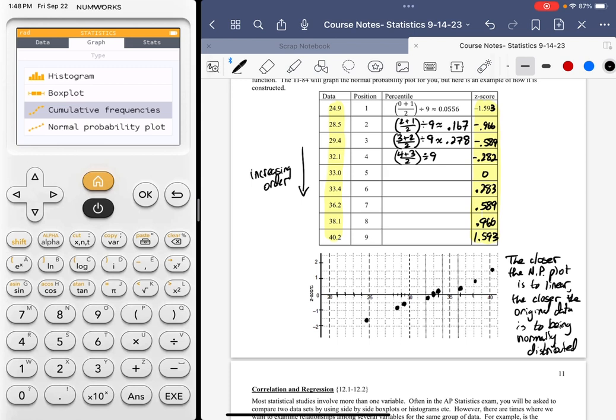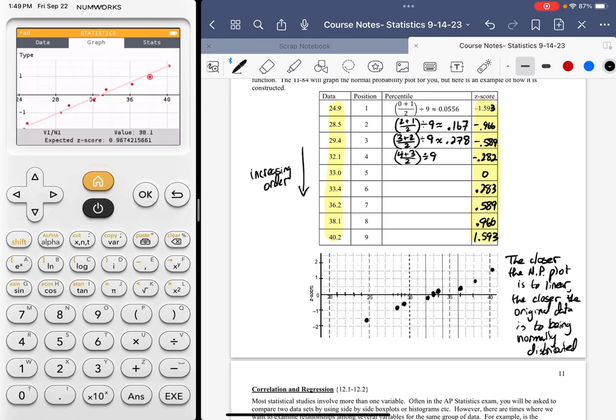So I'm going to go down to normal probability plot, hit OK, and you can see that it gives us a baseline, but it also gives us the points that we just generated by hand. If I hit the left arrow here, I'll get down to that first one, 24.9, expected z-score, negative 1.593.